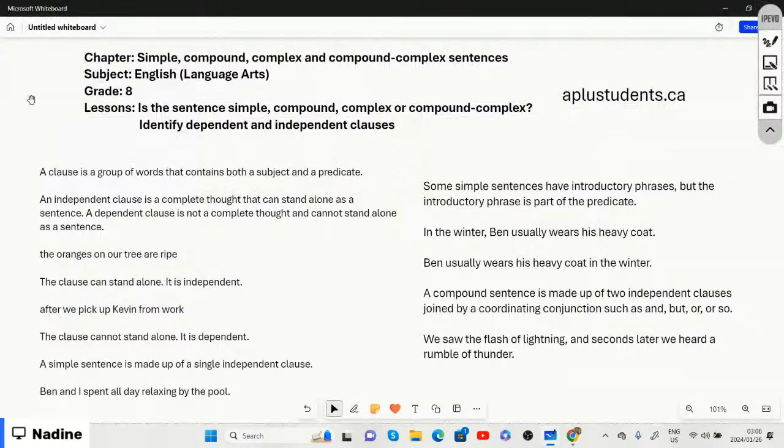And the lessons that we're going to be focusing on are: is a sentence simple, compound, complex, or compound complex? And we're going to identify dependent and independent clauses.